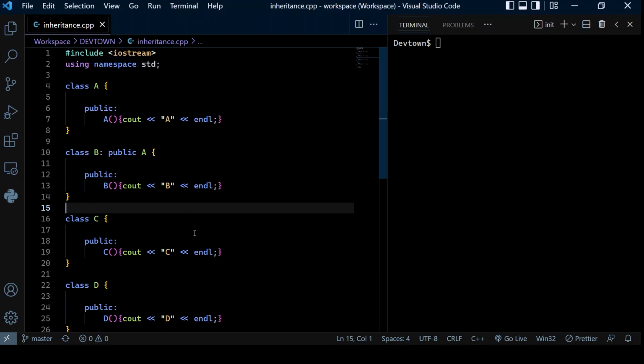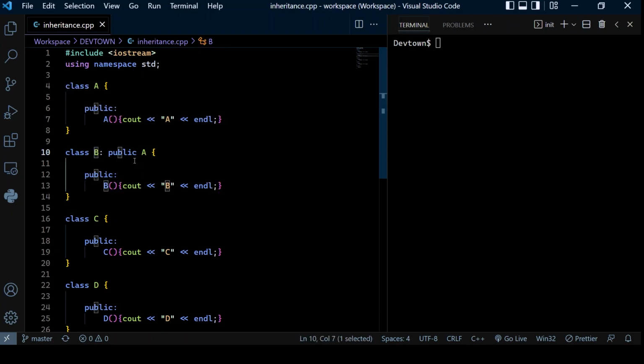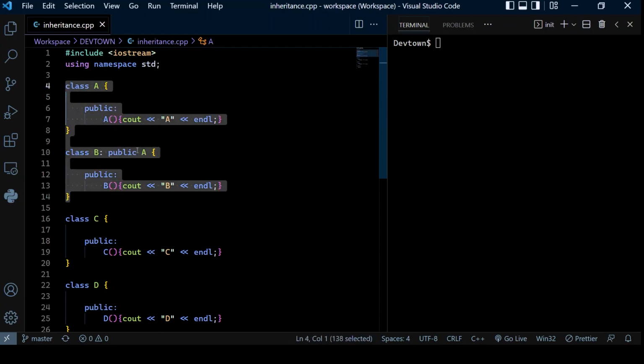And how that happens is through the mixture of what the access specifier is for the given data member or member function in my base class, and also the mode in which we are inheriting the base class. So in this example, we have a class B which is inheriting a class A. So this is an example of single inheritance.